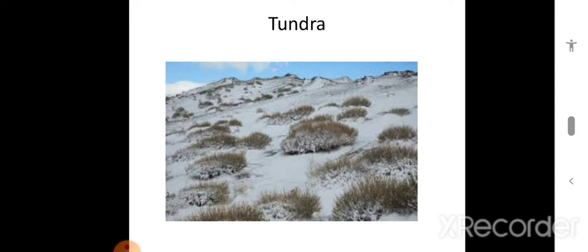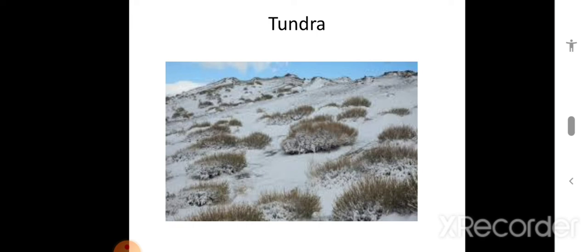Then what are the main features of tundra vegetation? In this region, precipitation occurs only in the form of snowfall, and most of the land is covered with ice sheets and continental glaciers.